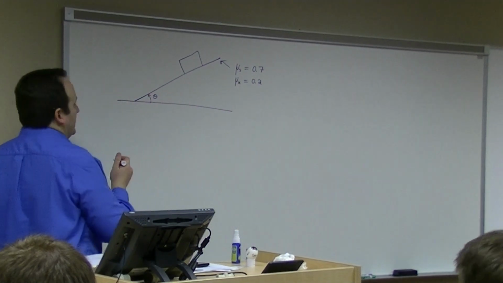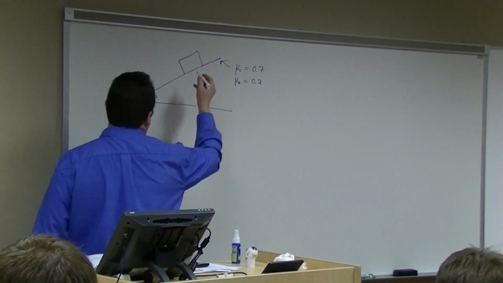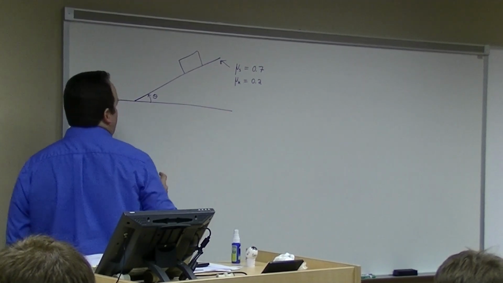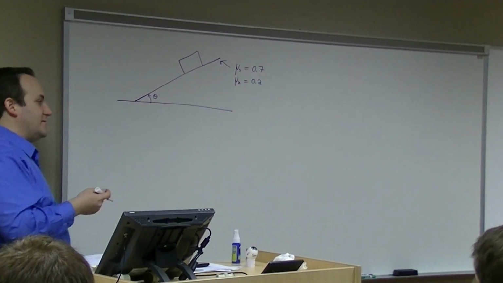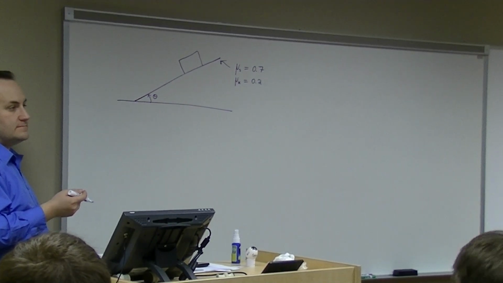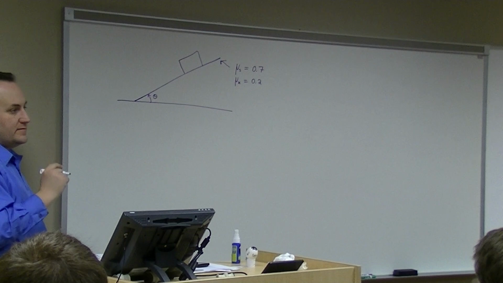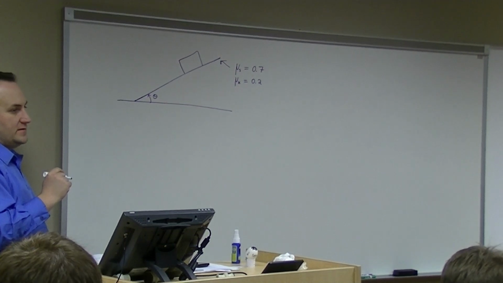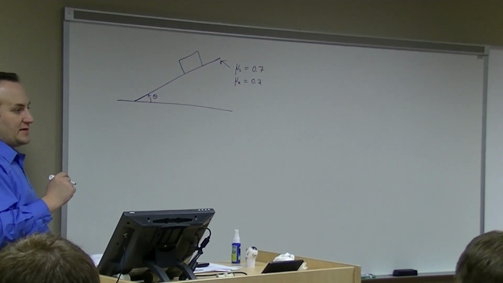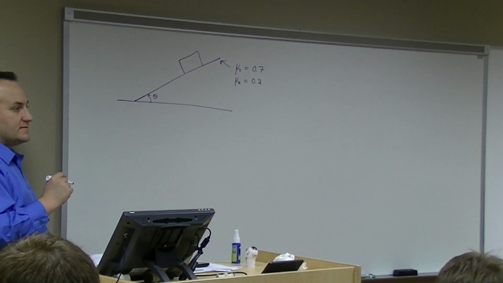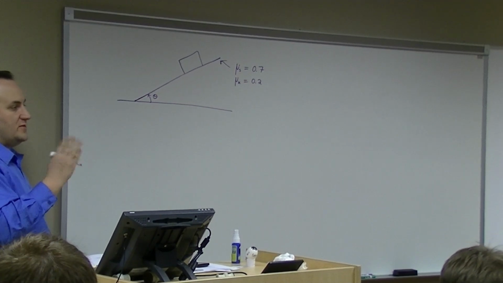If the box starts at rest like this, and as you raise the angle, at what angle does the box start sliding? Second part of the question, what's the acceleration of the box after it starts sliding, assuming you fix that angle?